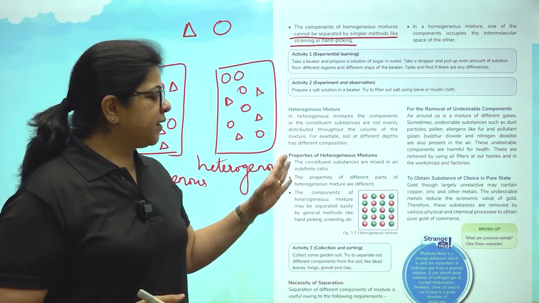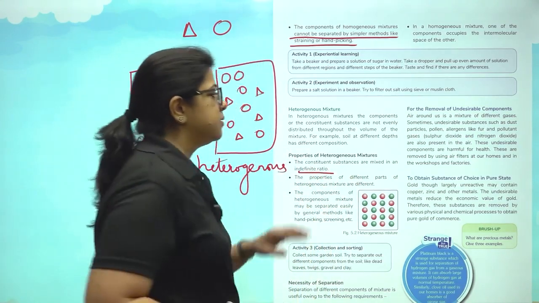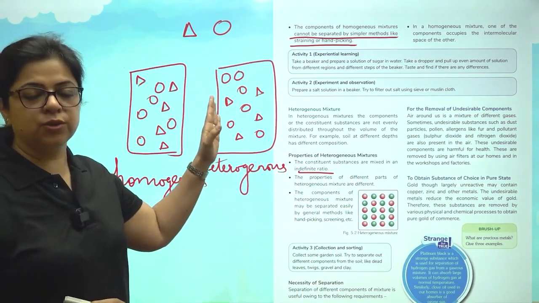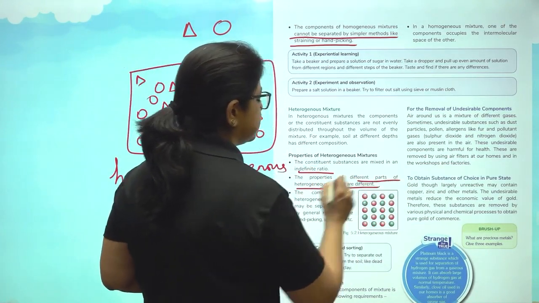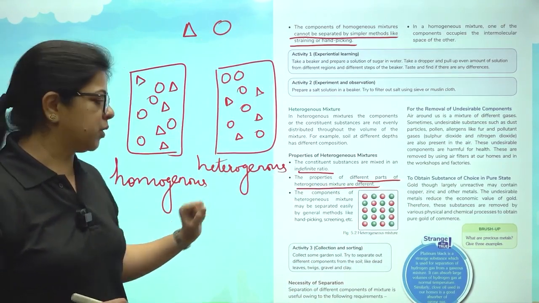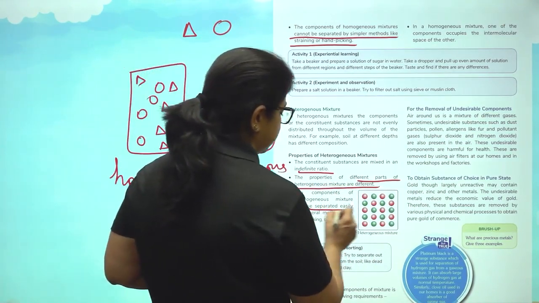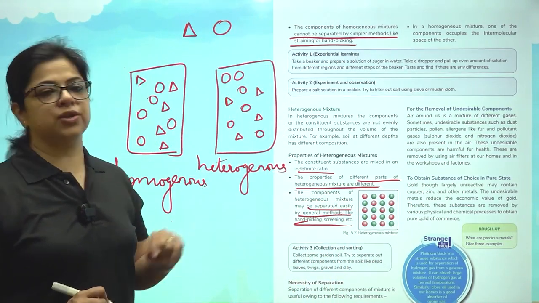Coming to the properties of heterogeneous mixtures, they are distributed in indefinite ratio, as we have just understood. Second thing, different parts of heterogeneous mixtures are different. So somewhere the circles are more, somewhere the triangles are more. And third, they can be separated easily by hand picking, screening, etc.